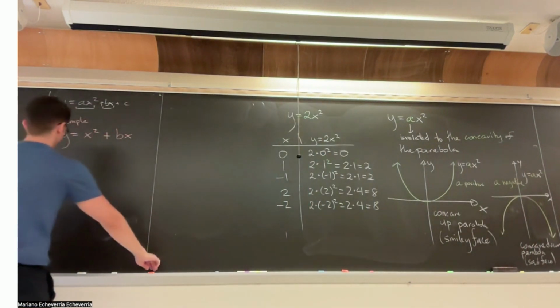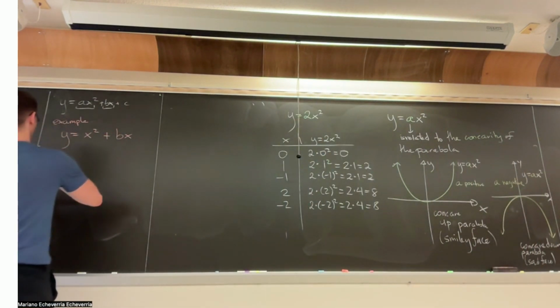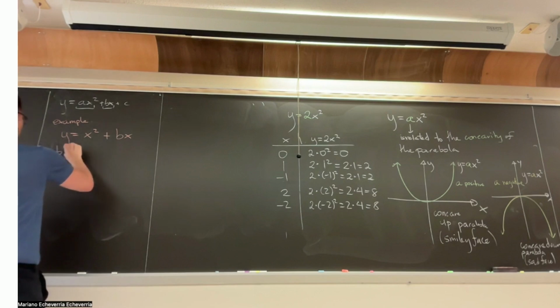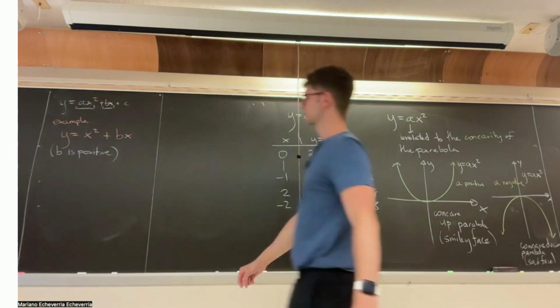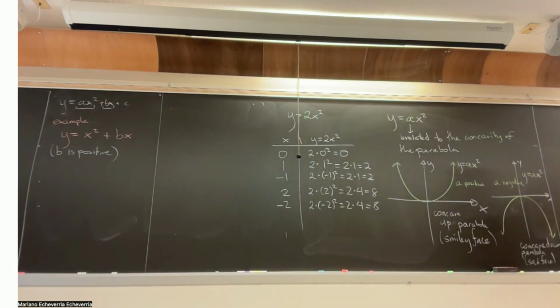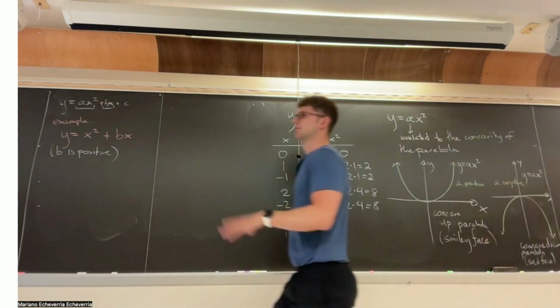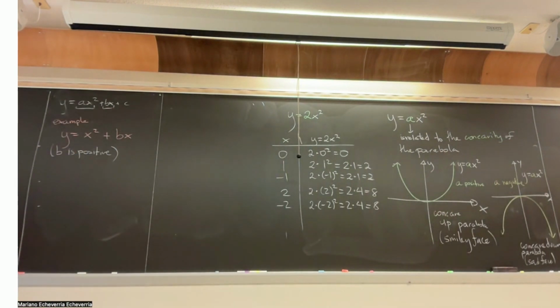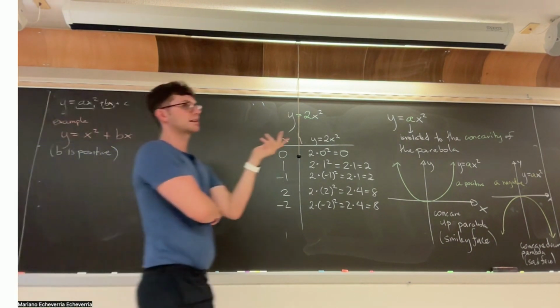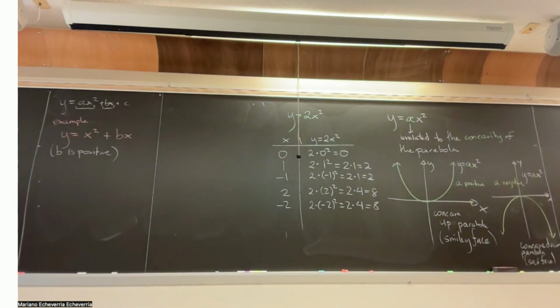So here b is positive, let's say. That's not really necessary, but just to start with something. Okay, so I want to understand how this parabola looks now.